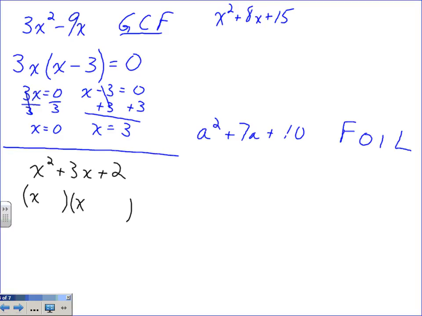And if you remember, because both of these are positive, our signs are going to be positive here. And what two numbers multiplied together will give you 2? 2 and 1. And if I add those two together, 2 plus 1, I'm going to get 3 for that middle term. Here's what we're going to add today when that equals 0.